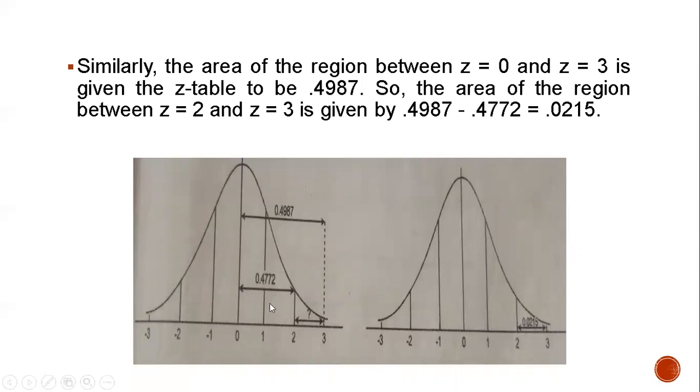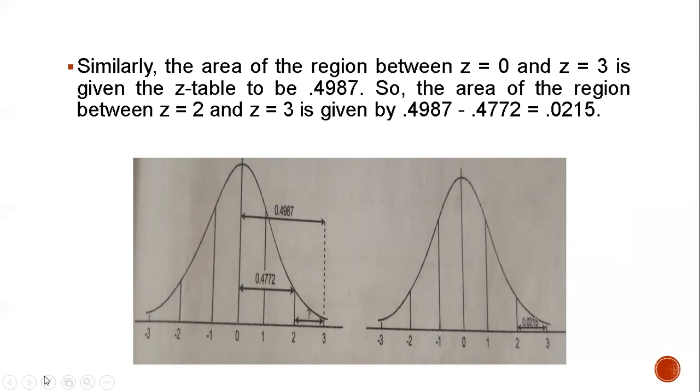So, kung si 0 hanggang 2 daw ay 0.4772 at kung si 0 hanggang 3 ay 0.4987, ano daw yung value ni 2 hanggang 3? Basic na basic lang, no? Para ma-identify natin yung part na yan, unahin muna natin tong 0 hanggang 3 ay 0.4987. Ito siya.